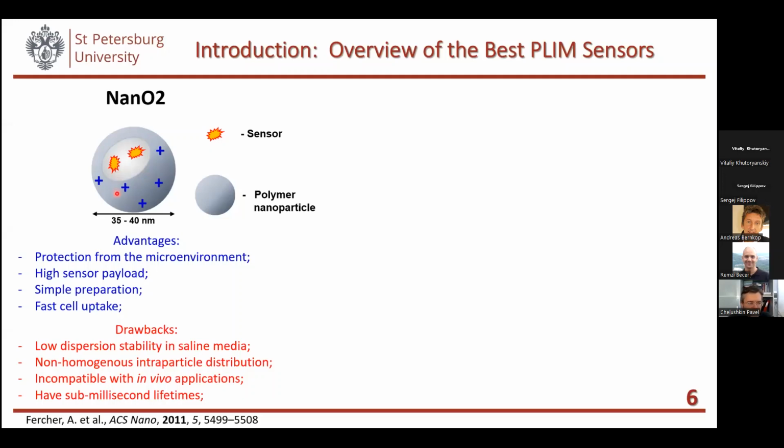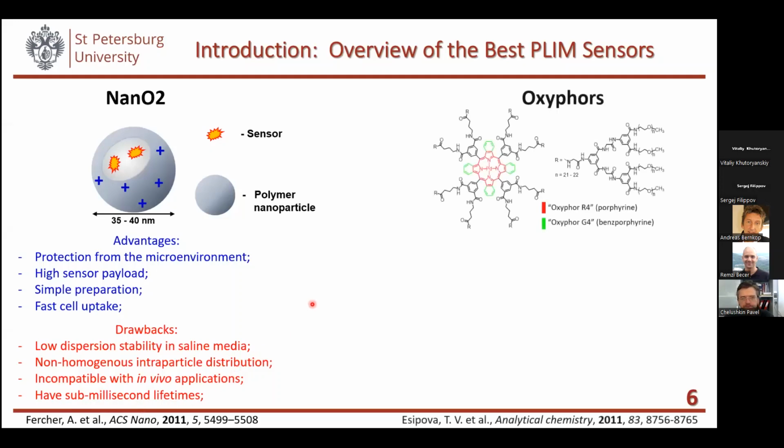And also, using metal porphyrins gives us sensors with sub-millisecond lifetimes, which is not always compatible with the experiment, because in this case you need long dwell times for measuring lifetime, and as a result, your experiment is too long to be performed.